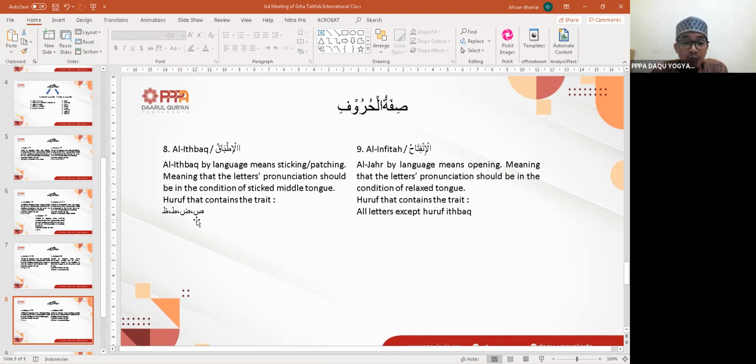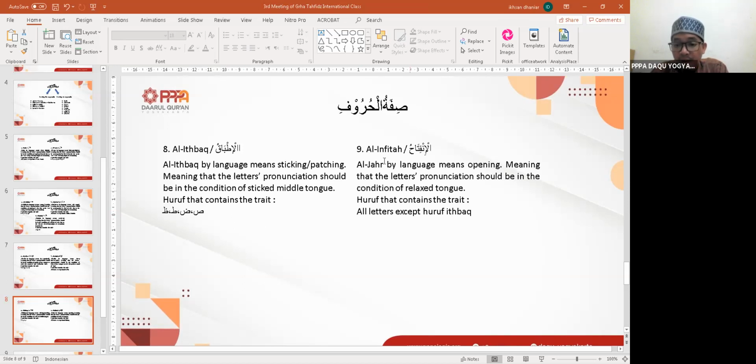So that's why you find these 4 huruf are the hardest huruf to pronounce, the most challenging huruf to pronounce, as well as Indonesian people, they find it that way. It's hard to pronounce the correct way.